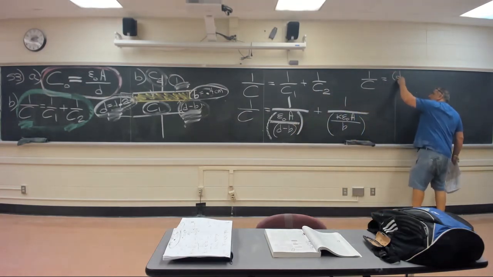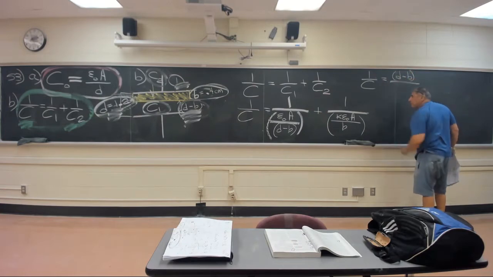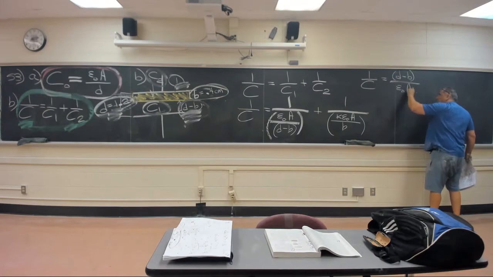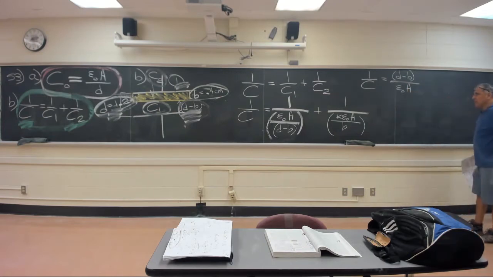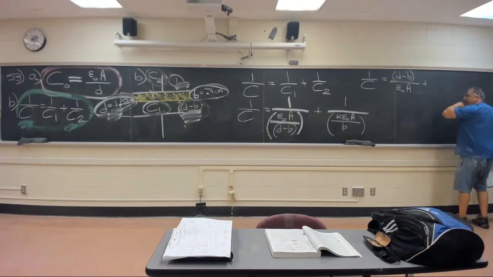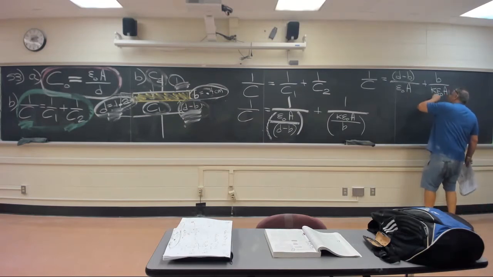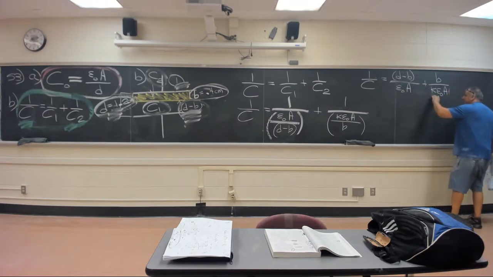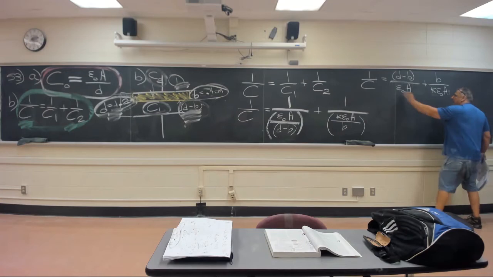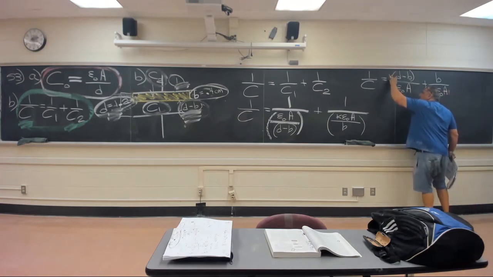We've got D minus B over epsilon naught A, and you got B over kappa epsilon naught A. Okay, true. I've got to have a common denominator. I don't have one. I almost do. There's close to a common denominator. I need a kappa right here. Put a kappa here and put a kappa up there and you should be okay.